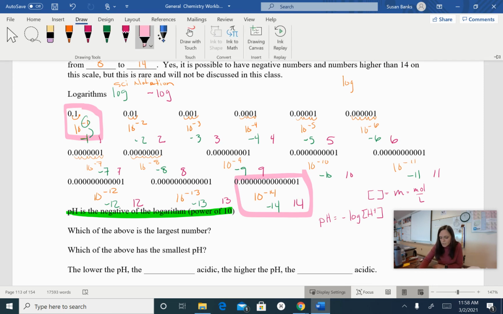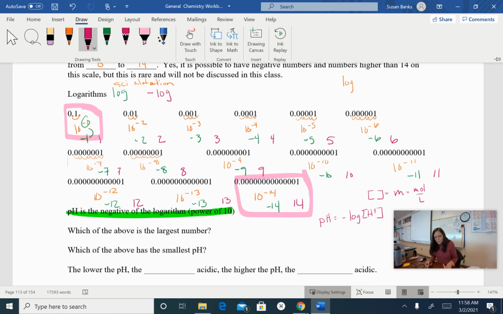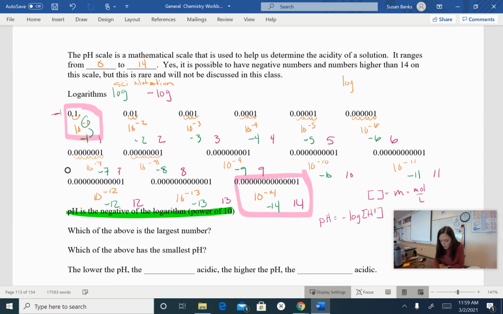Okay? So, which of the above is the biggest number that we calculated with our negative log? Our biggest number of the actual raw numbers was the 0.1, right? That is our largest number. It had a pH of 1. Did it not? Because it's the negative log.